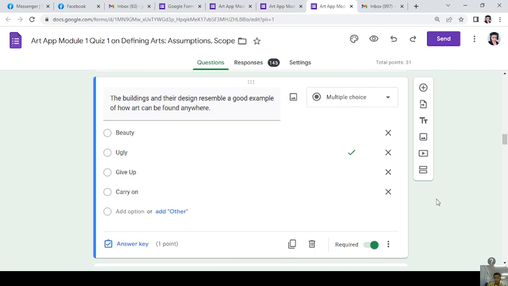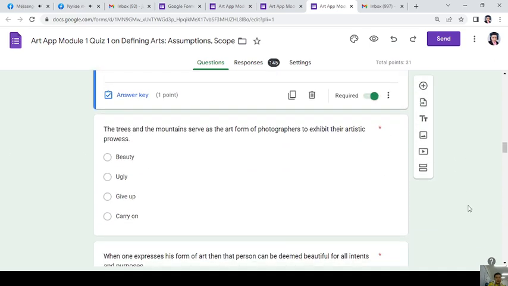So that's false. Buildings and their designs resemble a good example when it becomes art as part of sculpture, that could also be part of architecture, and what else? Amenities.